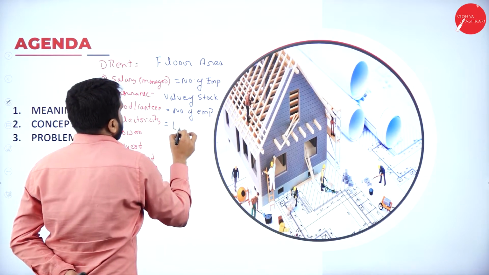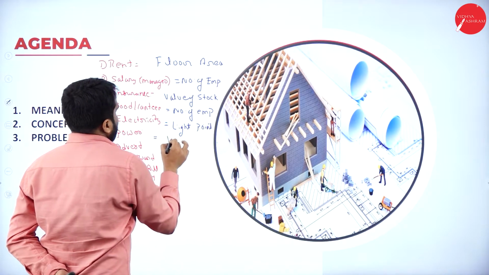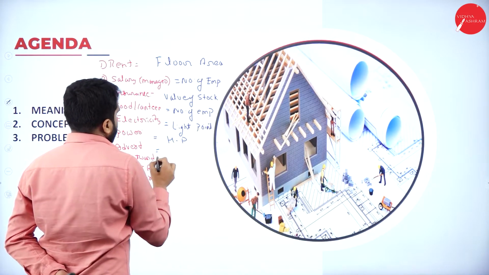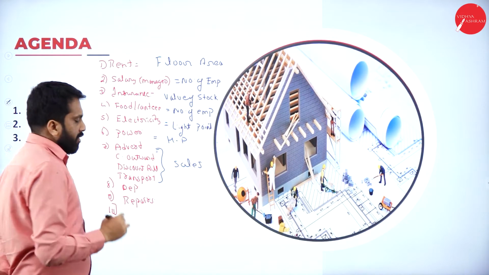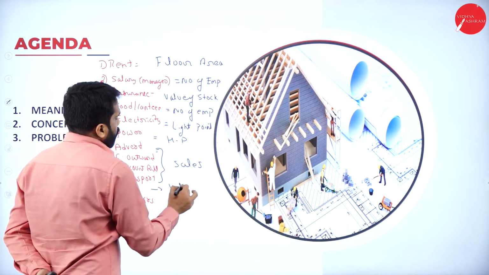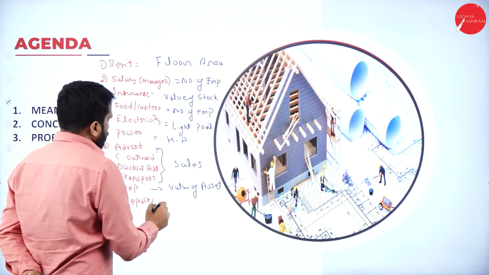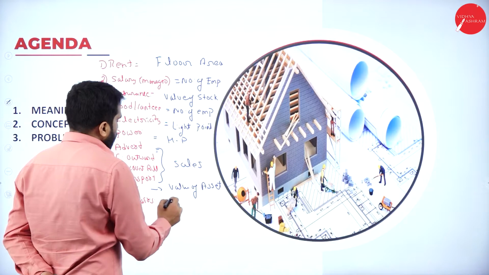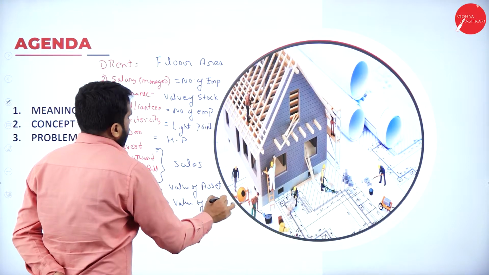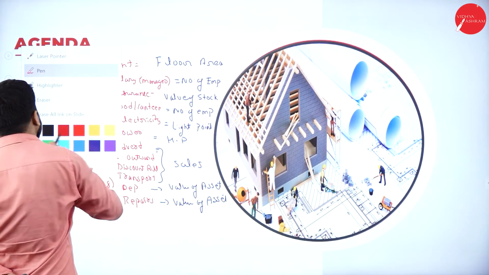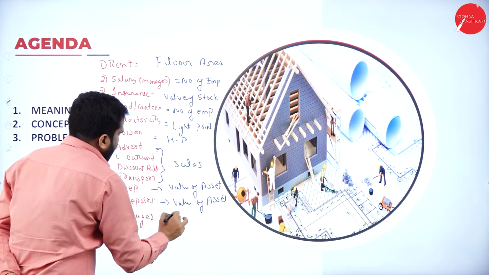Electricity, light points. Power, HP power. Advertisement, all this comes under sales. Depreciation comes under value of asset. Repairs come under value of asset. And wages, it is on direct wages.